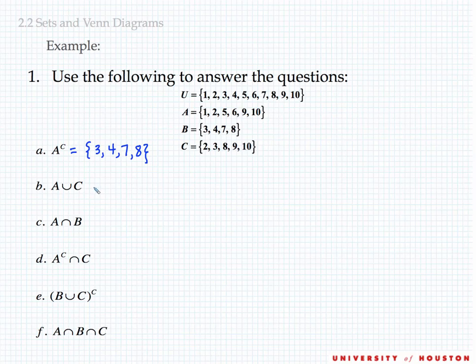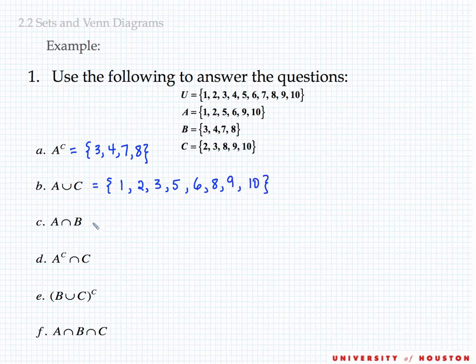A union C would be the set that contains elements in A or C or both. That would be the set 1, 2, 3, 5, 6, 8, 9, and 10.